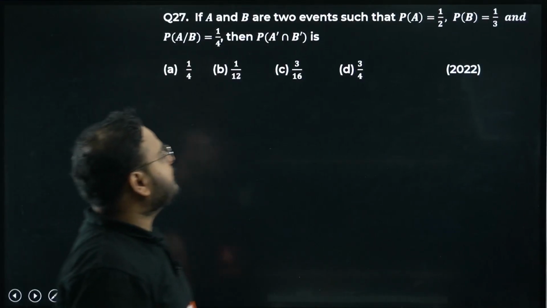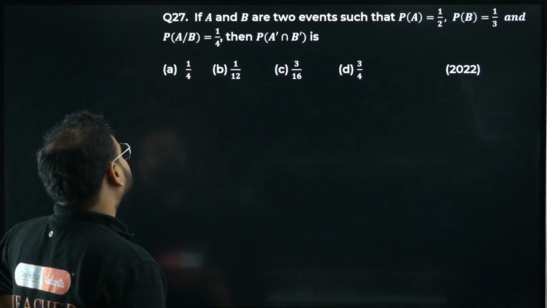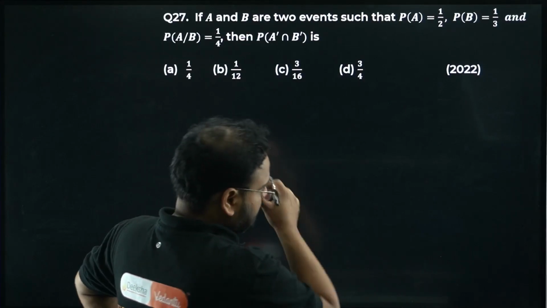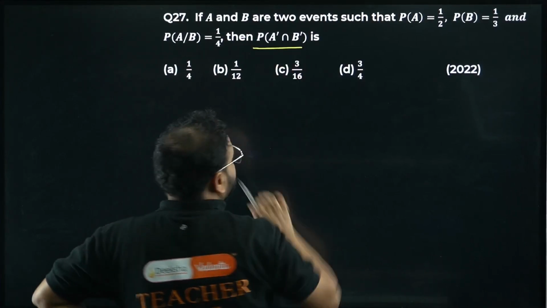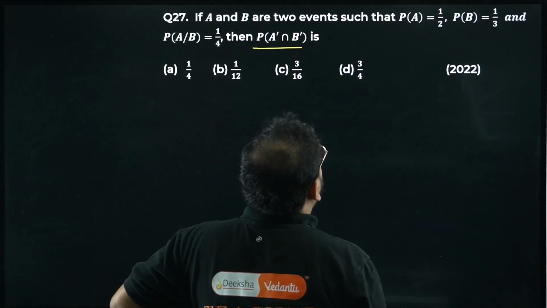Question 27 now. If A and B are two events such that P(A) is 1/2, P(B) is 1/3 and P(A|B) is 1/4. Very good question, an excellent problem based upon sets. How can we solve it? We're looking for this condition.